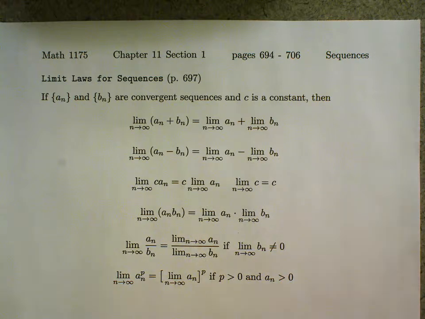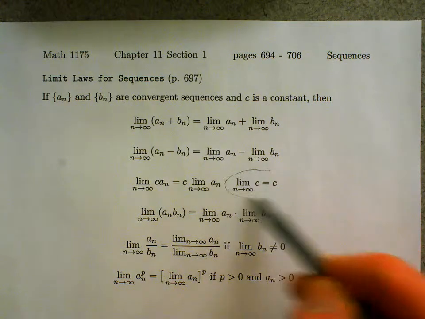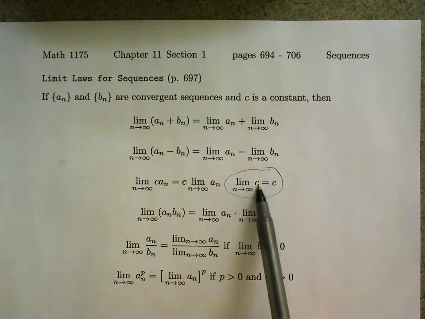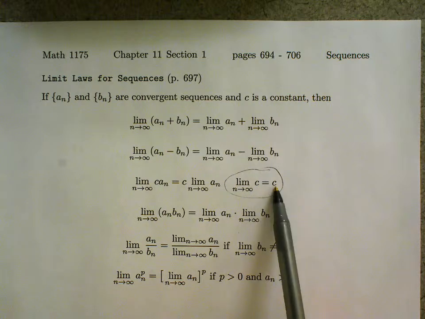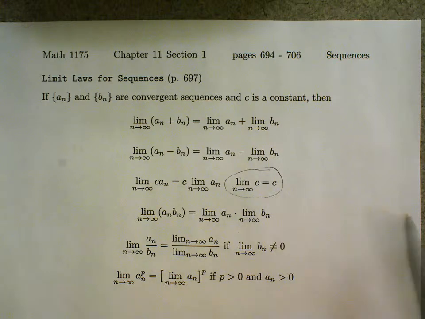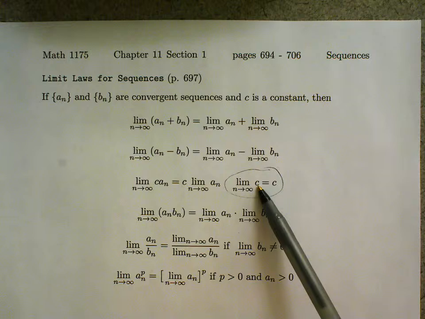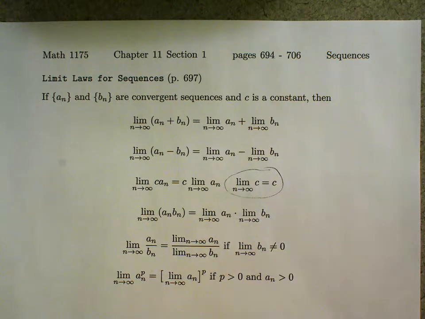And then a reminder that if you take the limit of a constant, the limit is just the constant. So a constant is unaltered by whatever n does.